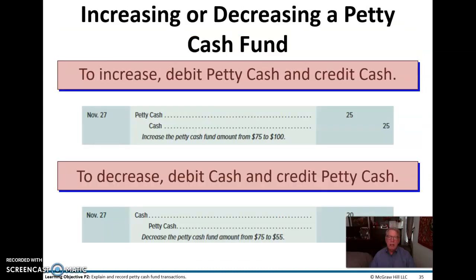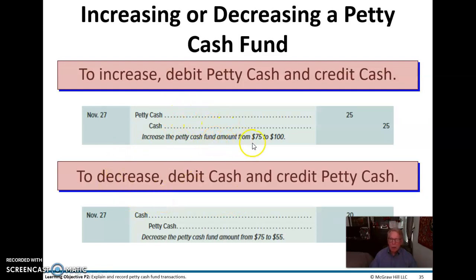So if I decrease or increase that petty cash fund, yes, I do hit the petty cash fund. But otherwise, that's about the only time, either establishing it, de-establishing it, or increasing it or decreasing it. That's the only time we really debit or credit the petty cash fund.